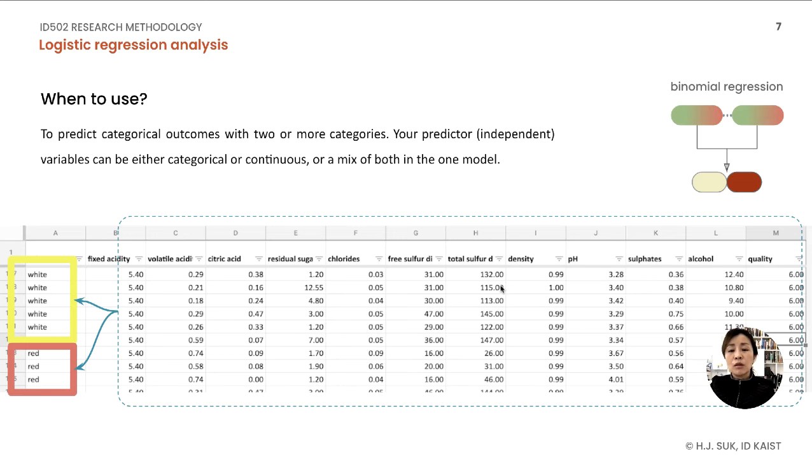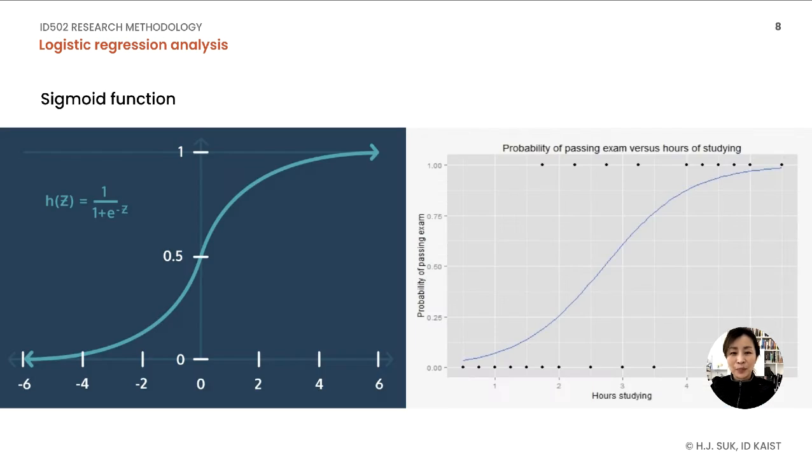Based on the observational analysis of these chemical properties, we can derive an equation that is used to predict the color of wine. So logistic regression analysis is used to predict categorical outcomes with two or more categories. Your predictors, your independent variables, can be either categorical or continuous or a mix of both in one model. Quite practical, right?